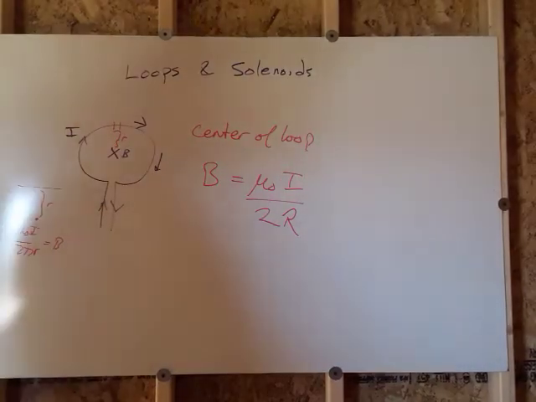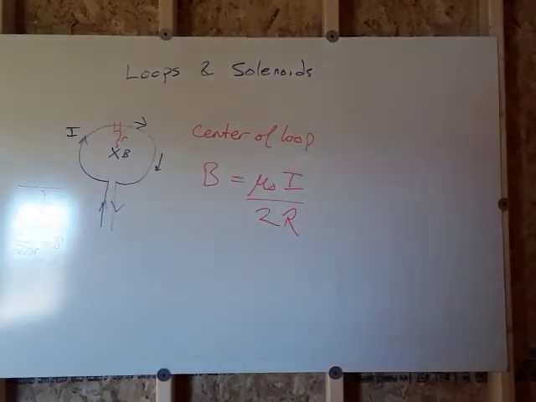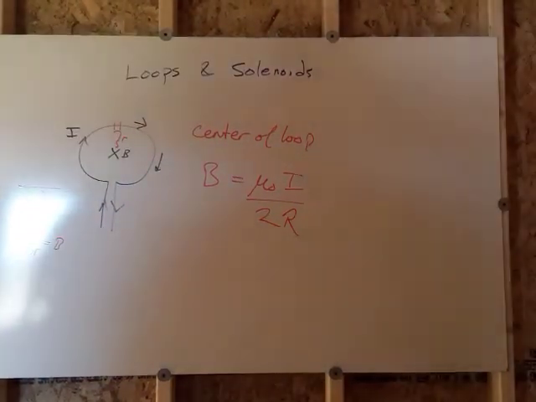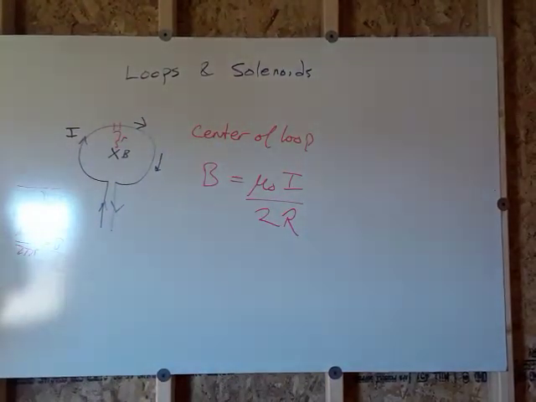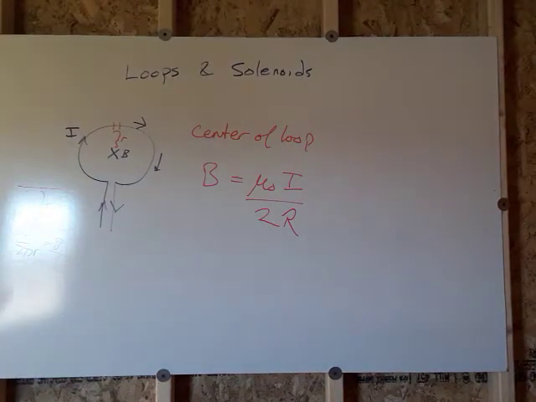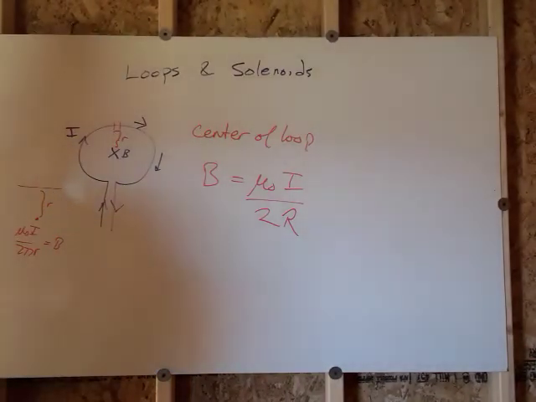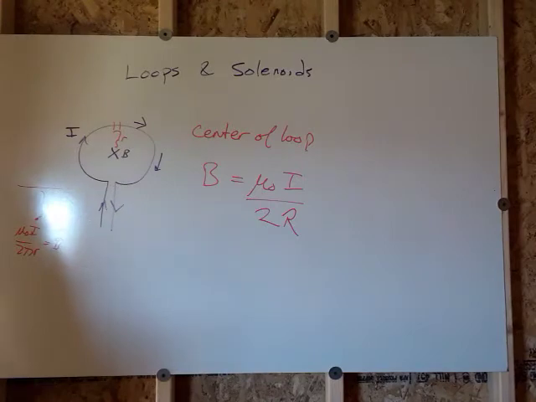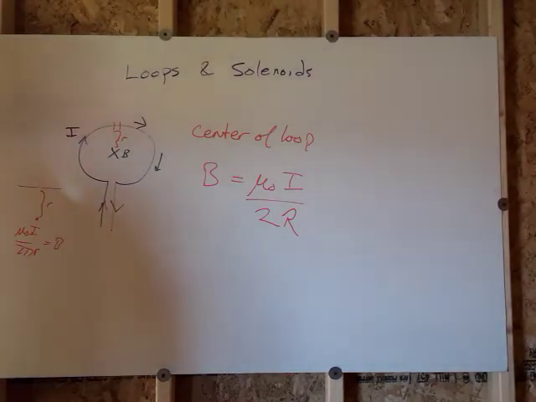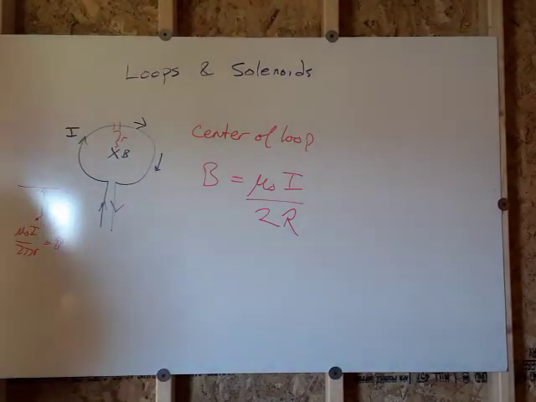That's a very hand-wavy explanation. So I just want you to find it plausible that this is the answer. If you don't find it plausible, then by all means, sit down with Ampere's law and try to understand it. There's a few places that this comes up.